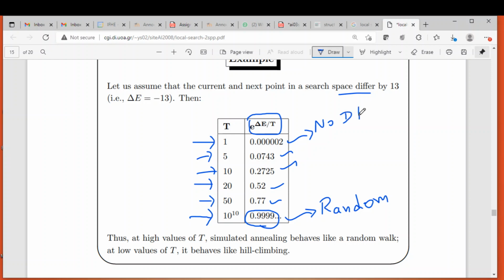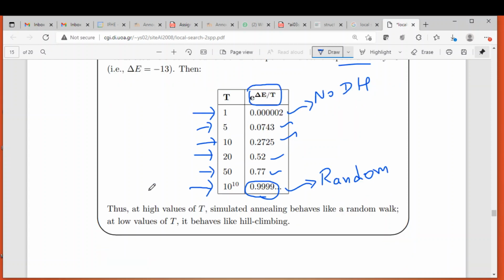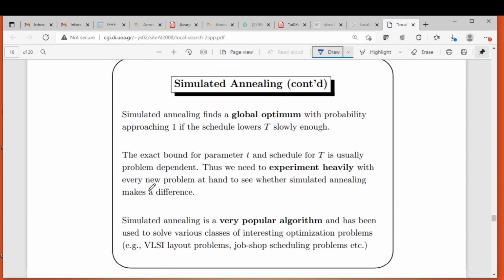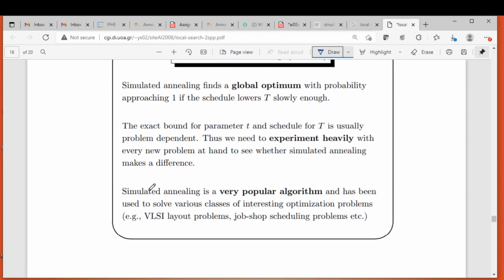So this is how we achieve the trade-off between no downhill movement and random walk using simulated annealing. These values we got by plugging into e to the power del E by t, where del E is minus 13 and t takes these different values. So that's it about simulated annealing.